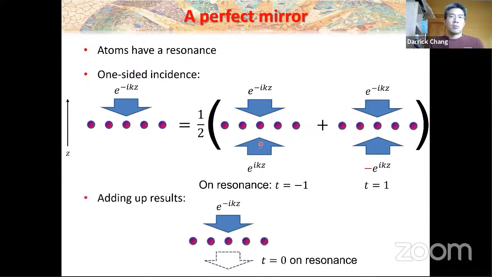So now if I add up the results, for example, to calculate the transmitted field, I should take this incoming field multiplied by -1 and add to that this incoming field multiplied by +1. And then I can conclude I have no total transmission on resonance. And likewise, I get 100% reflection on resonance.